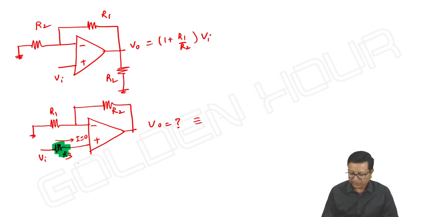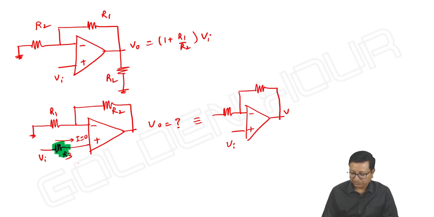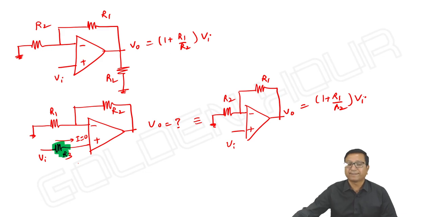So, this is same as that of our regular circuit. Is it not so? So, output gain equation remains the same. Our V output is equal to 1 plus R1 by R2 into Vi. It's as simple as that.